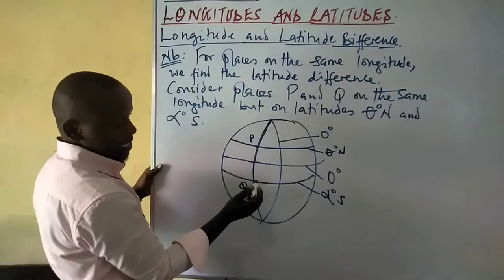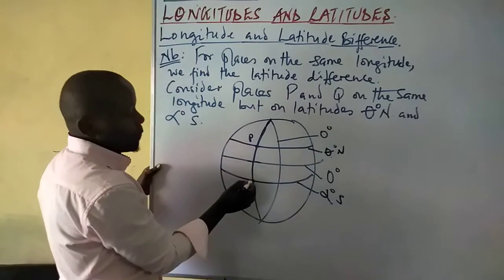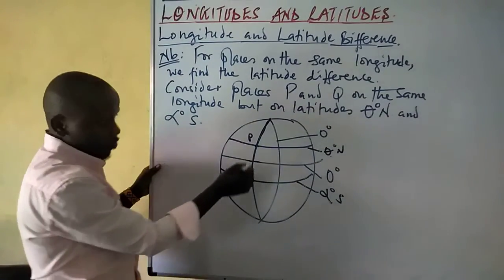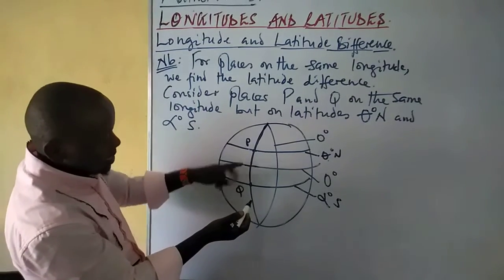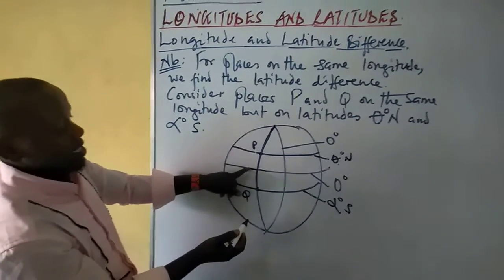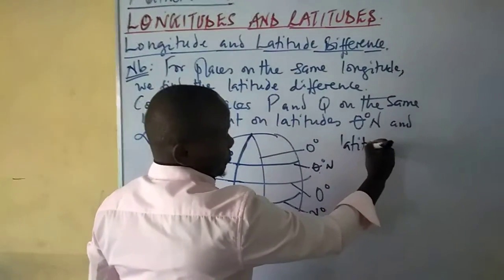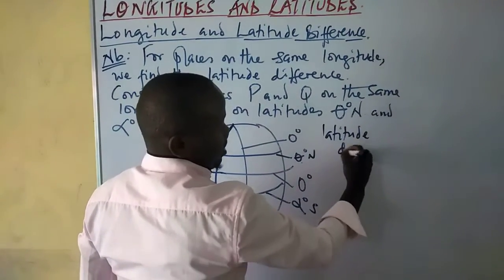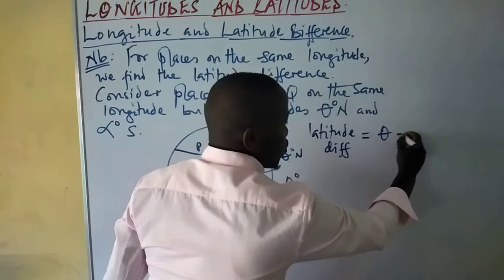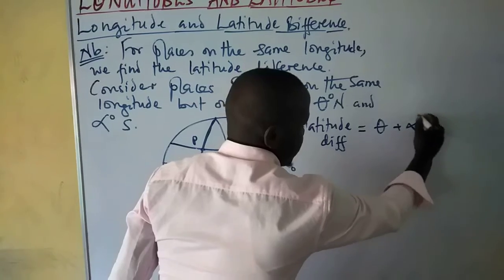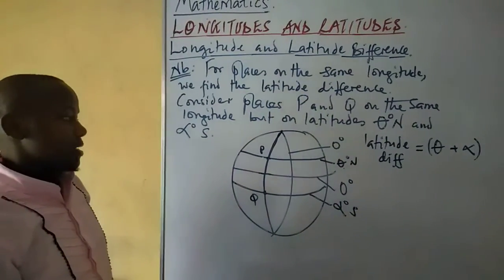Then the difference in latitude of P and Q is the sum of the two angles, because we have theta degrees upwards and alpha degrees downwards. Therefore, the latitude difference is equal to the angles added.